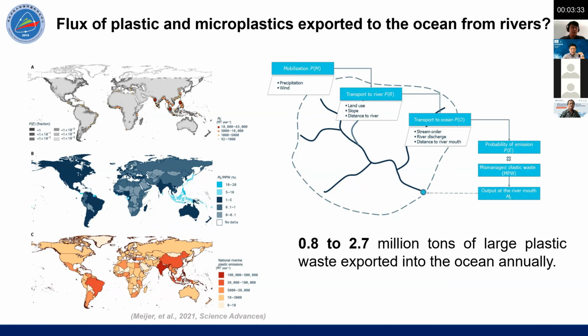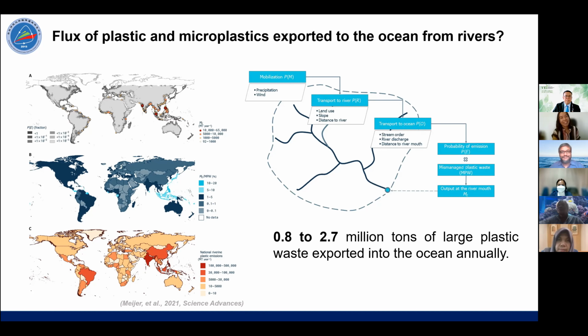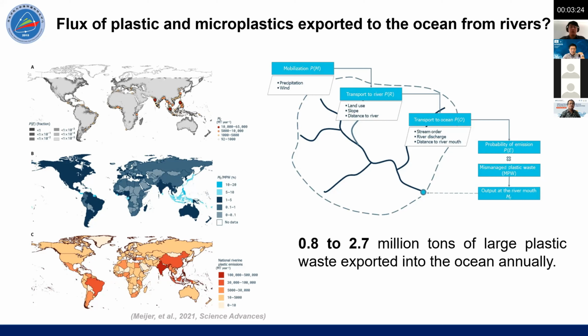To improve this, they deployed a new model including geographically distributed data on plastic waste, land use, wind, precipitation, and rivers, and calculated the probability for plastic waste to reach a river and subsequently the ocean. They finally estimated that 0.8 to 2.7 million tons of plastic waste end up in the ocean.